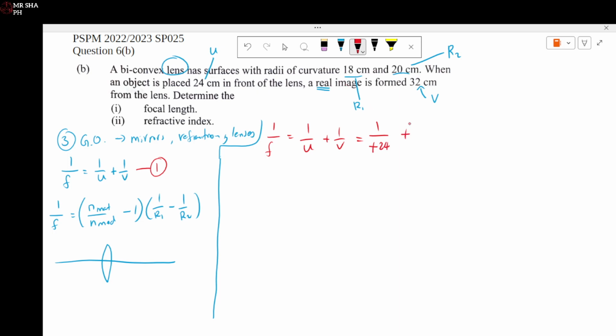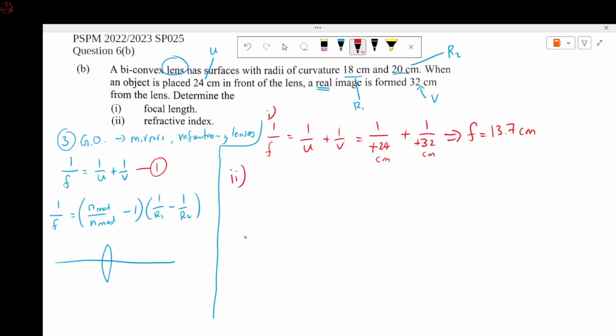And my image is also real, so plus 1 over positive 32. And that gives me a focal length of 13.7 centimeters. How do I know it's centimeters? Because the 24 is in centimeters, the 32 is in centimeters, therefore my f will also be in centimeters. So that is the solution for part 1.